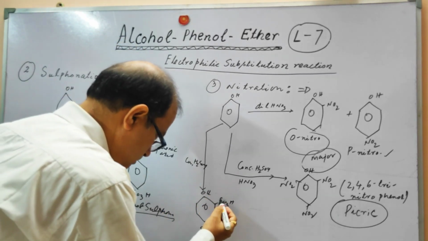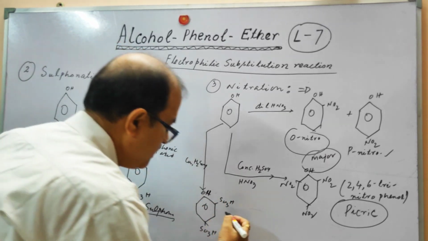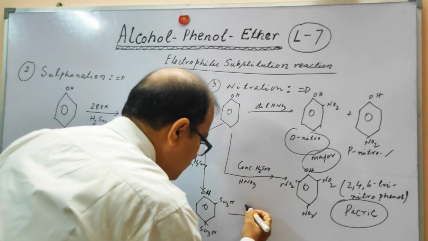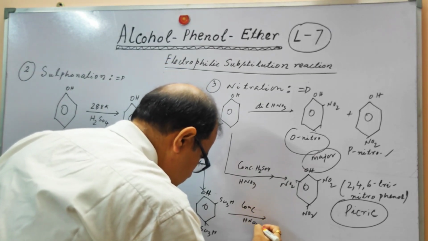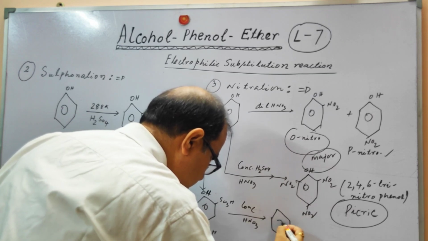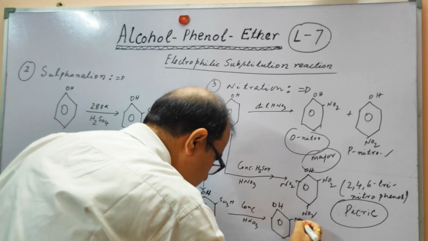This is phenol 2,4-disulfonic acid. When this is reacted with concentrated HNO3, it will produce the picric acid.